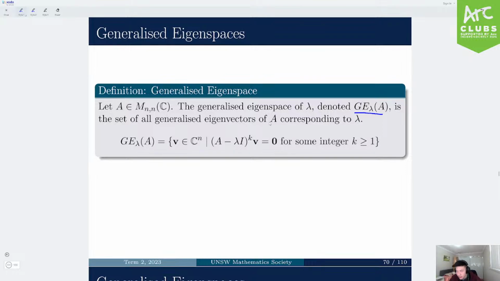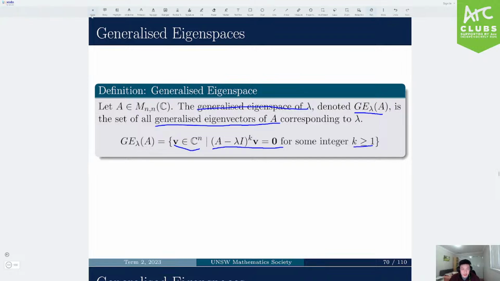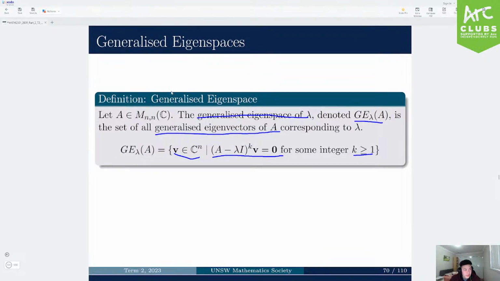Remember that the eigenspace of lambda is the set of all eigenvectors corresponding to lambda. Same thing with generalized, we just add generalized in front. So in terms of math language, we have the set of all vectors v such that (A minus lambda I) to the k times v is equal to 0 for some integer k. This is just the set of all generalized eigenvectors.